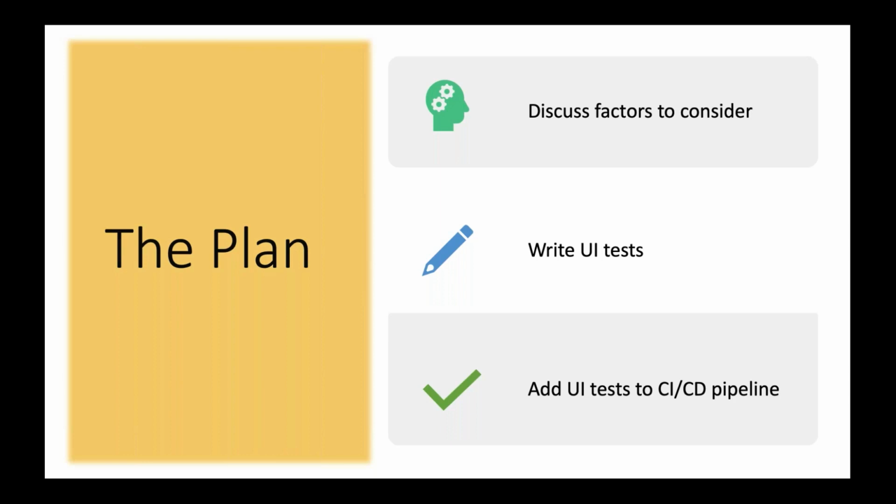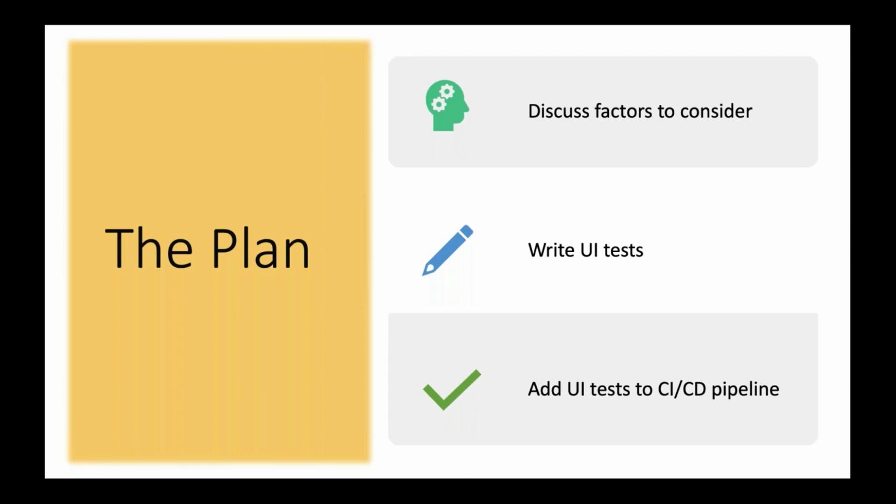Next, I'm going to write a couple of UI tests for a chat web application. And then Jessica is going to take these UI tests, add them to existing CI pipelines, including Azure, GitHub Actions, and CodeFresh, which is container-based.